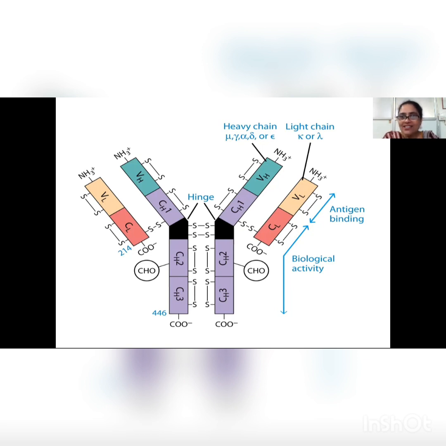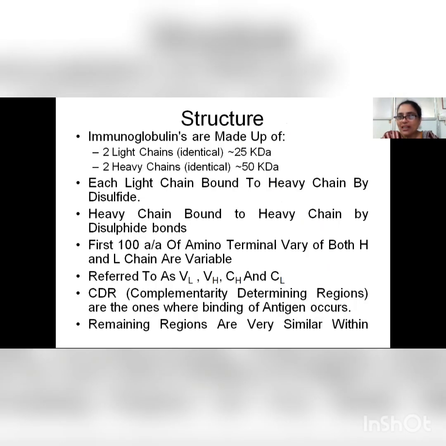At this stage of the lecture, remember that these constant regions are actively involved in other biological activity, while antigen binding sites are only the variant regions which can shuffle and reshuffle. So they are the portions, the domains, where antigen can bind.